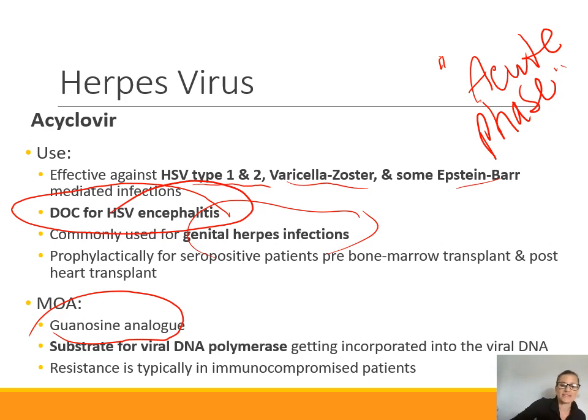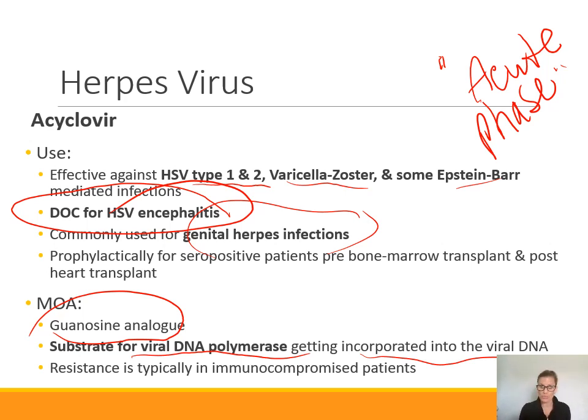So it acts as a substrate for viral DNA polymerase, and it gets incorporated into the viral DNA. The DNA polymerase, when it thinks that it's adding guanosine, it's going to add acyclovir instead. And since acyclovir has components that are not present in guanosine and shouldn't be there, it's not right. So you're incorporating the wrong thing into the viral DNA.